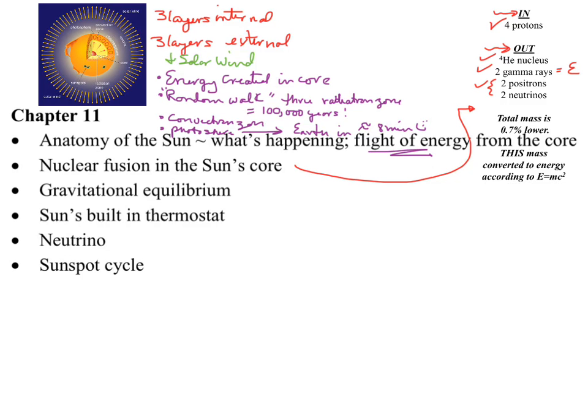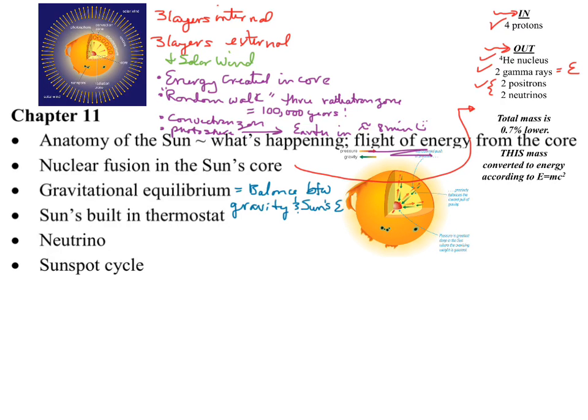Hydrogen, and you get out a helium nucleus. You get gamma rays, which are your energy, positrons, and neutrinos. And there also, in your lecture notes, I said, basically you lose some mass, and that mass is converted into energy.